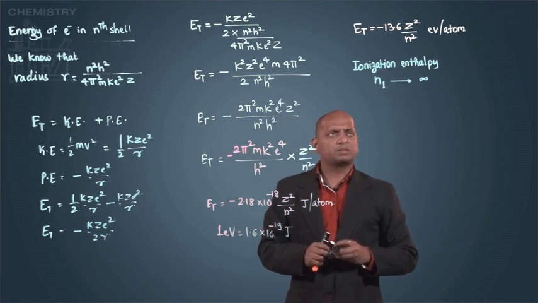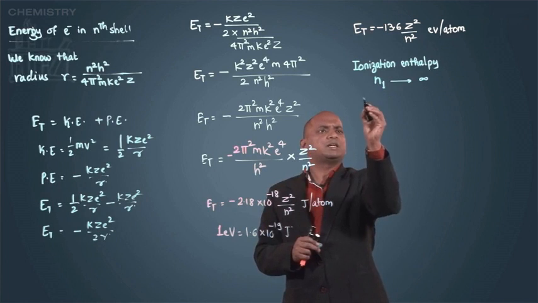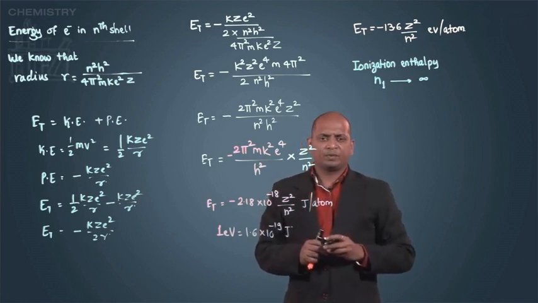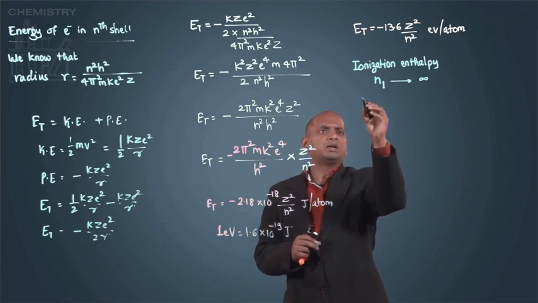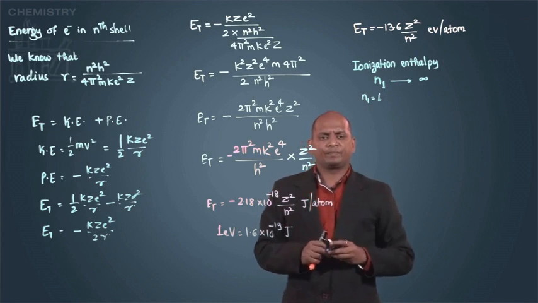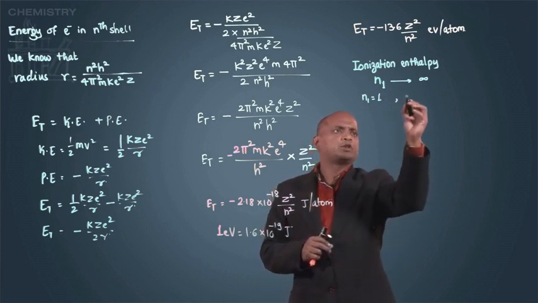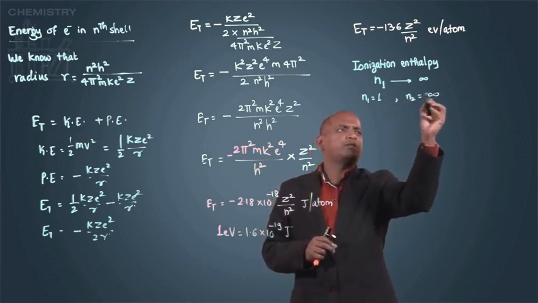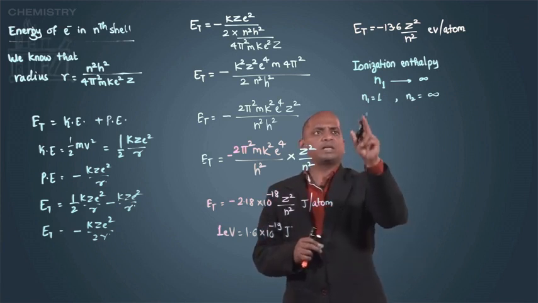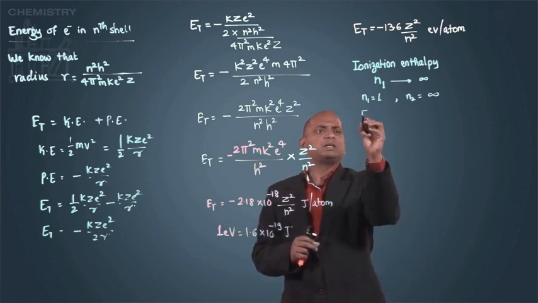What do you mean by this? Let us consider N1, or if we consider N1 is equal to 1. So N2 becomes infinity. What is the energy associated with this?